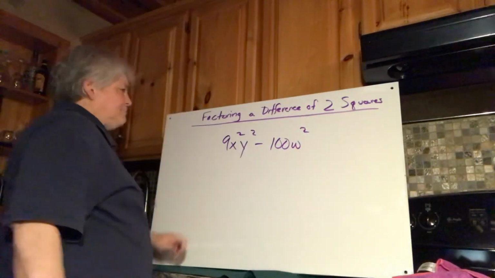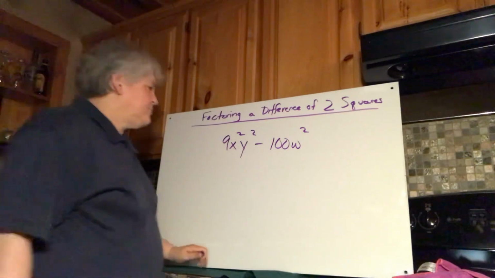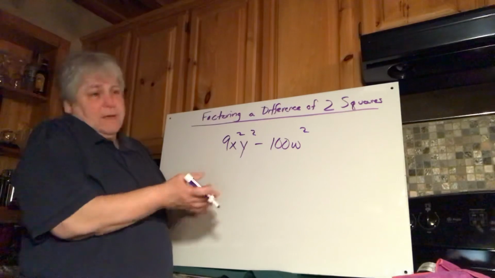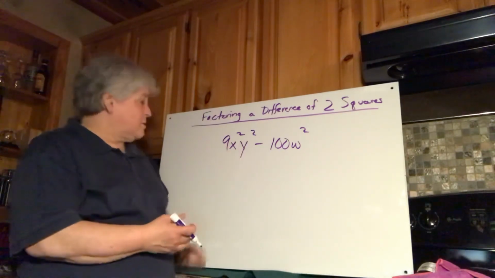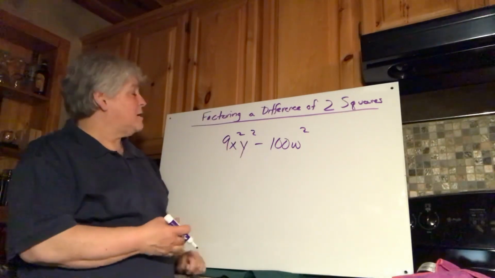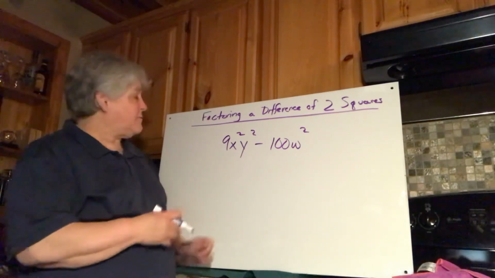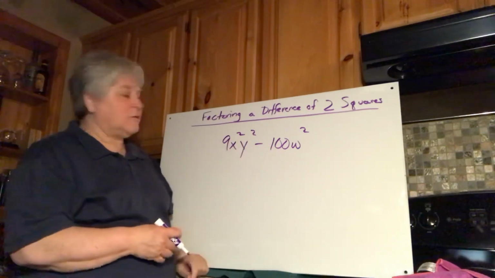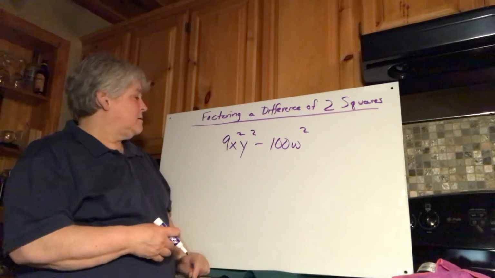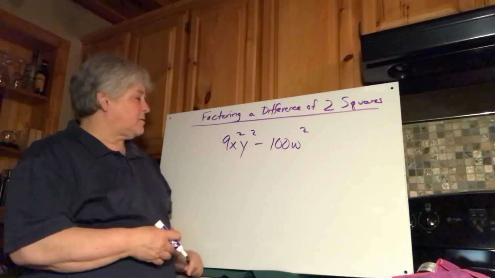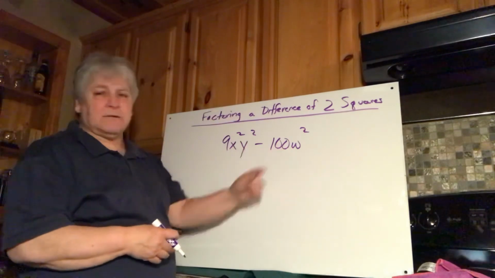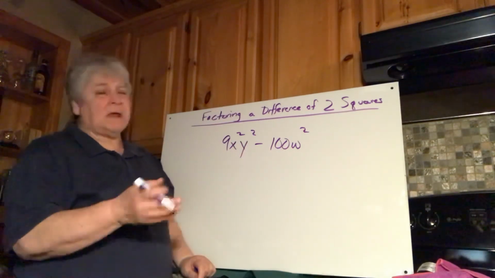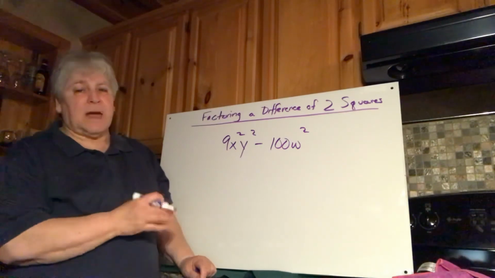There we go. Always a good idea to see if, because usually you'll get this in isolation, this right here might have a greatest common factor. But nothing goes into 9 evenly that also goes into 100. There are not x's in every term. There are not y's in every term. And there are not w's common to every term. So we don't have a common factor.